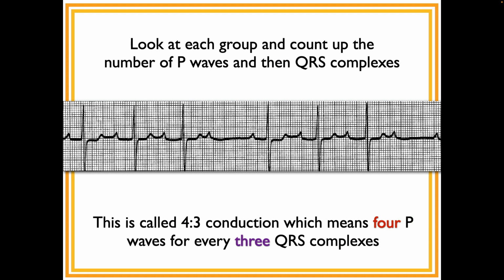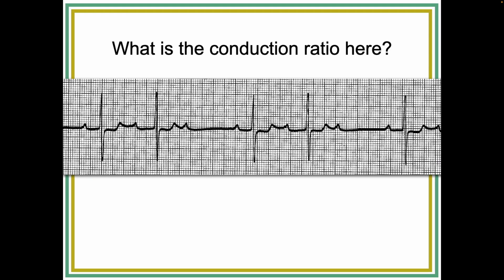So both of these groups have 4 P waves and 3 QRS complexes. P waves come first, so we say this is 4-to-3 conduction. And again, its only importance really is that it allows us to describe what we're looking at. Okay, so that's 4-to-3 and that's 4-to-3.